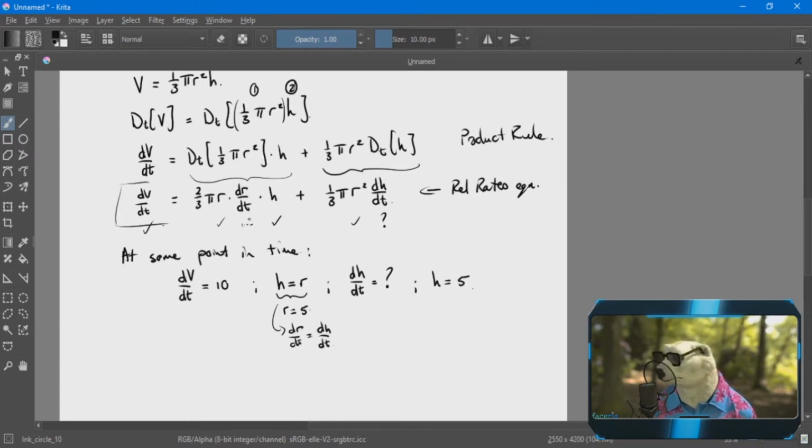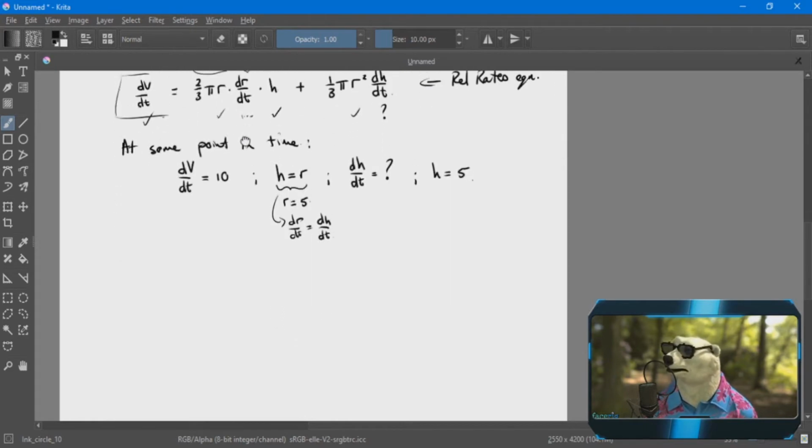So let's rewrite the related rates equation so that we can see where our unknowns are. So if I rewrite this first, I have my dV/dt. I have 2/3 pi times r. Before I put numbers in, I'm going to be okay with r. I know r. dr/dt, I'm going to swap with dh/dt as my unknown. And then I have an h.